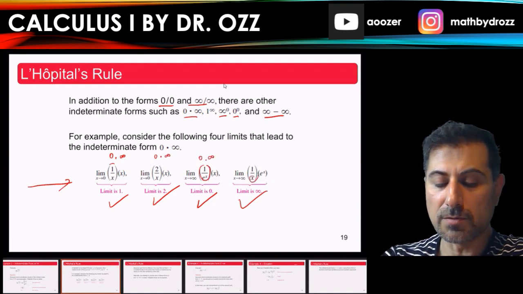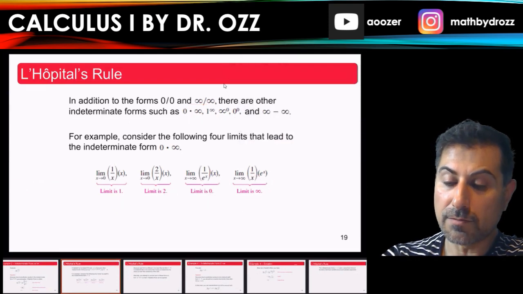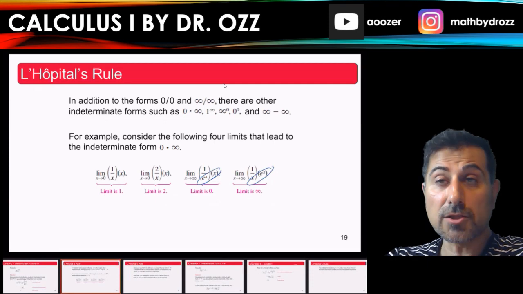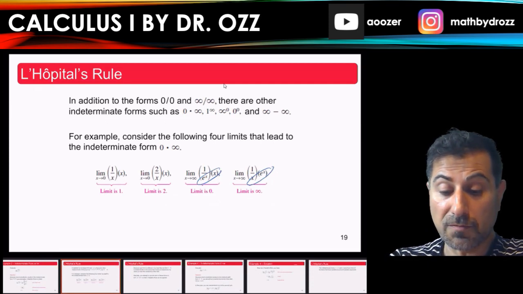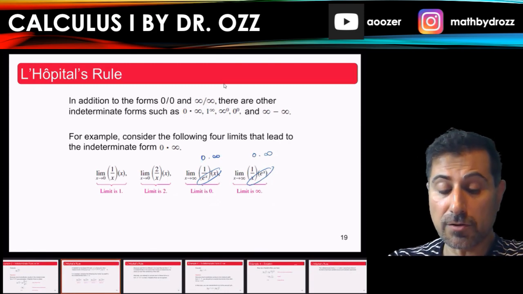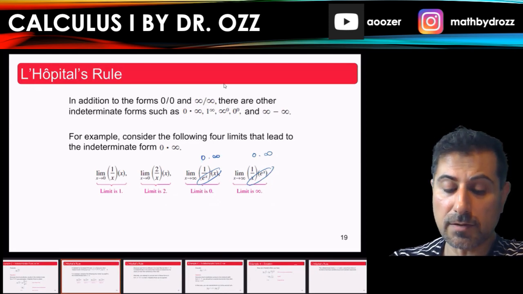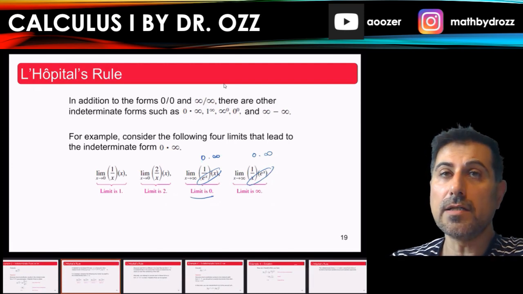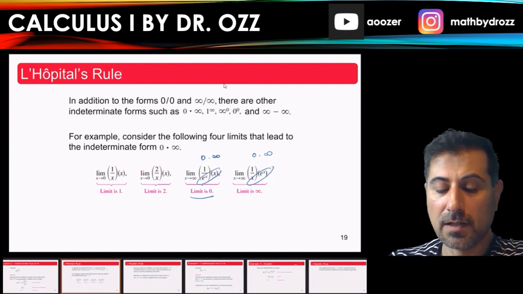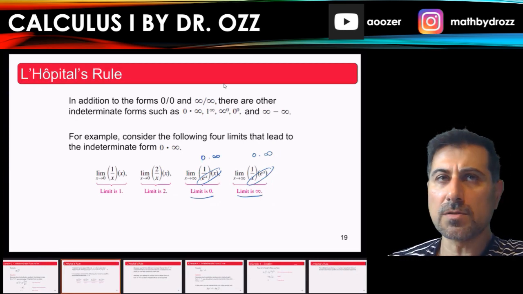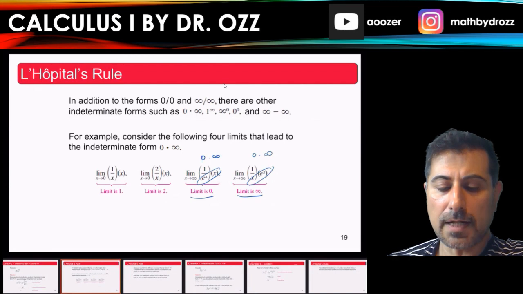Replacing the roles of x and e to the x would not change much of the form 0 times infinity, but it does change the limit value. In this case, x goes to infinity slower than e to the x, so the entire limit is going to tend to 0. And since e to the x goes to infinity faster than x, this limit is going to tend to infinity. So we have to be very careful when it comes to 0 times infinity type indeterminate forms.